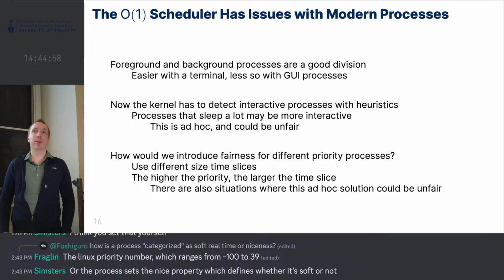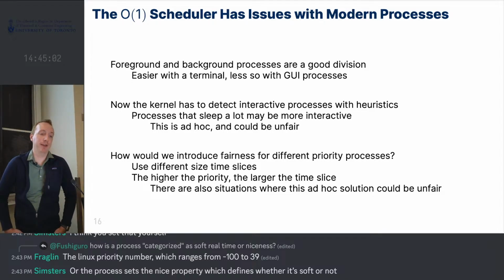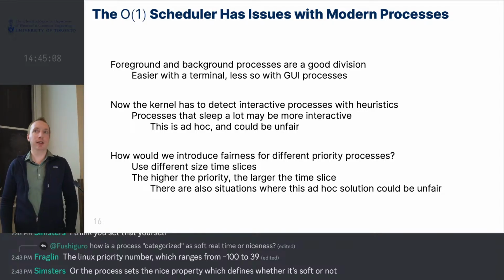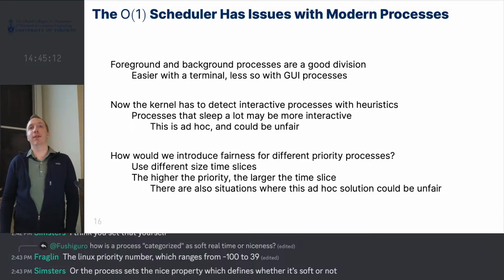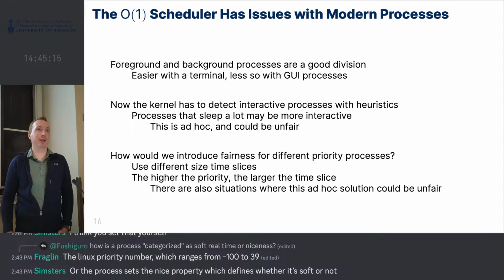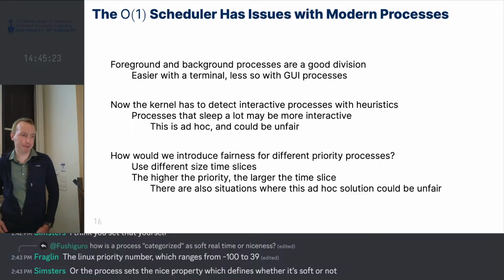So the kernel could be like, okay, that's a foreground process, I'll just guess. If you haven't seen the word heuristic before, heuristic is just a fancy word for guessing. Because it's a guess, it was fairly ad hoc, which just means it was made up. So it's just made up rules. It could be unfair, depending on whatever rules they wrote at a given time.